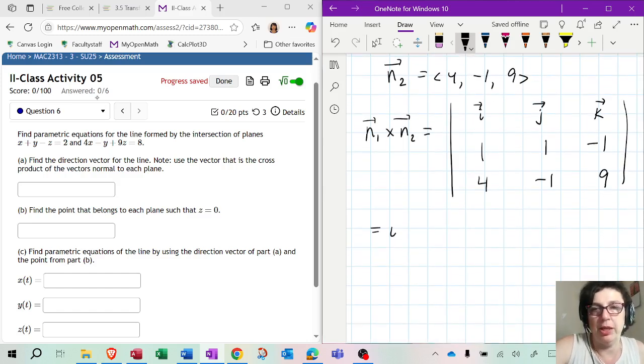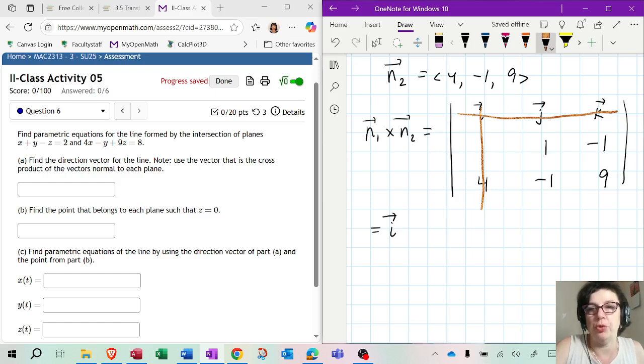Let's carefully look at it. For i, we cross out the first column and the first row, and with whatever remains, we multiply the main diagonal, which is 9, and subtract the product of the other two, which is 1, so 9 minus 1. For j, remember that the j component comes with a minus. We cross out the second column and the first row.